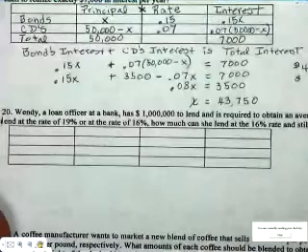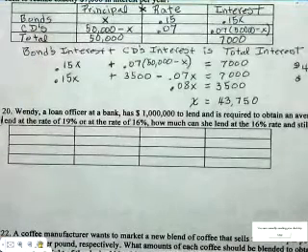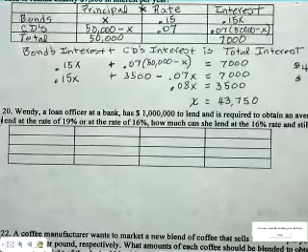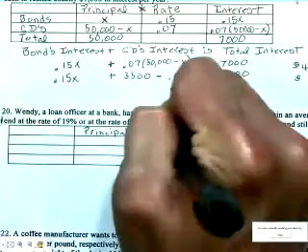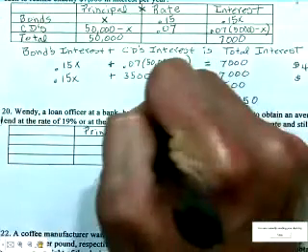I don't read that and start writing down X's. I read that and start writing down words. And if the problem is about investment, I already know what goes across the top of my chart. I know that it's going to be principal times rate equals interest.